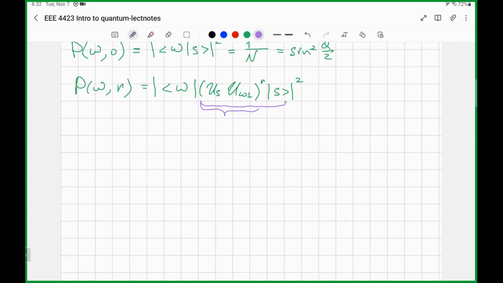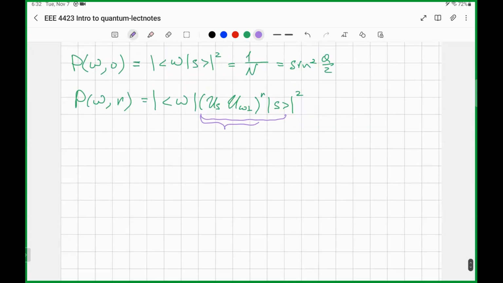This can be rewritten in terms of the sine. It's going to be sine, again, squared, but the angle is going to be theta times (1/2 plus r).